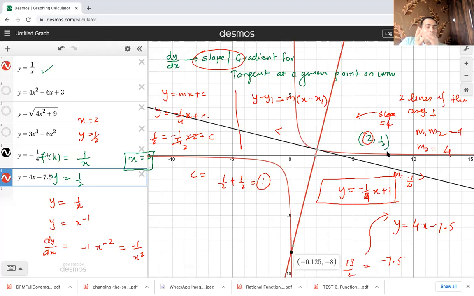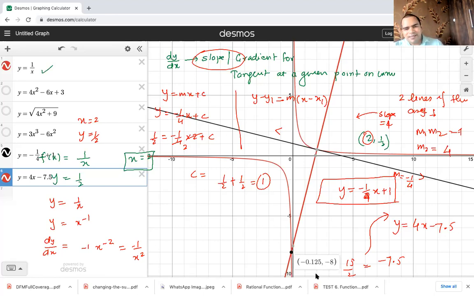One very interesting question for close to 5 marks is a continuation of this, where they ask us to find something. You can see the tangent never meets the curve again. The tangent I've drawn never crosses the curve again.